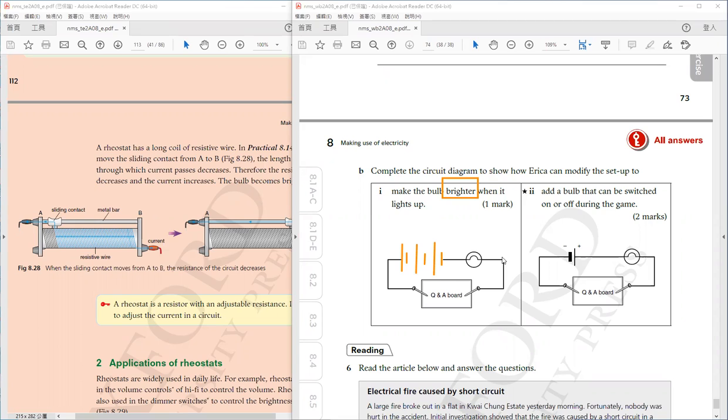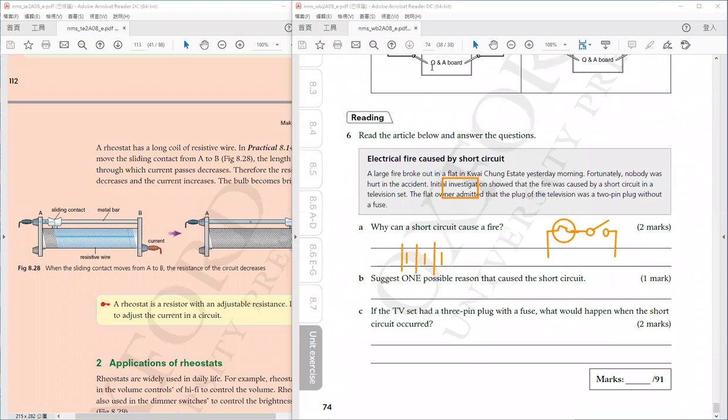On the other hand, when you want to add a light bulb that can be switched on and off during the game, draw a light bulb here.